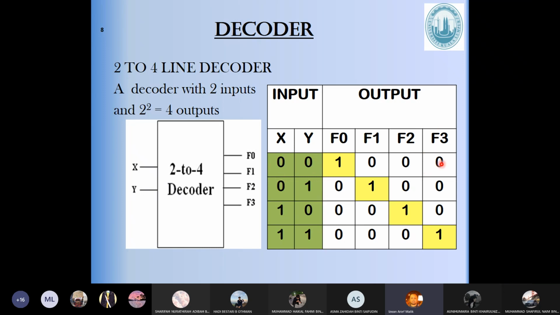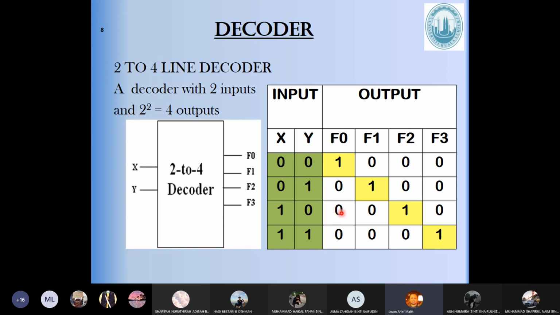Or you can make it the other way around. 0 0, F3 high. 0 1, F2 high. 1 0, F1 high. 1 1, F0 high. It doesn't matter. No problem, as long as for each combination of inputs, only one becomes high. And it should not have the same output repeated. What I mean is, for example, 0 0, F0 high, and then suddenly 1 0, F0 also becomes high.